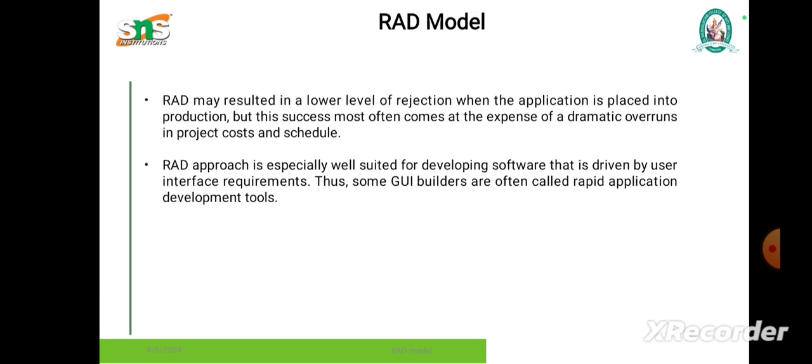The RAD model may result in a lower level of rejection when the application is placed into production. But this success most often comes at the expense of dramatic overruns in project cost and schedule.